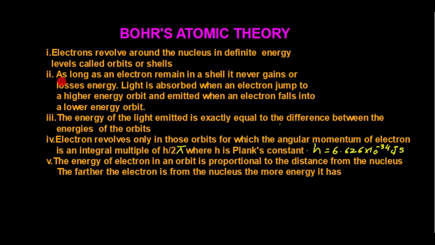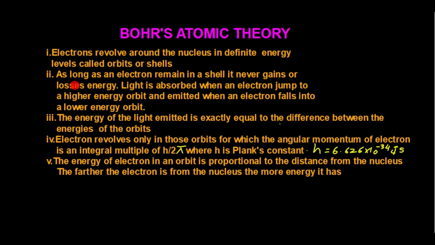The second postulate is, as long as an electron remains in a shell, it never gains or loses energy. Light is absorbed when an electron jumps to a higher energy orbit and emitted when an electron falls into a lower energy orbit.